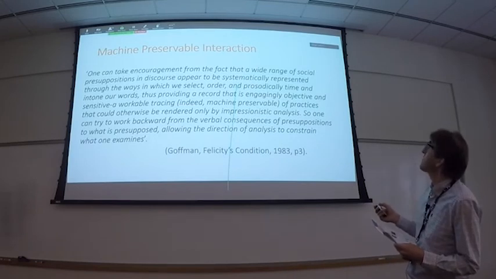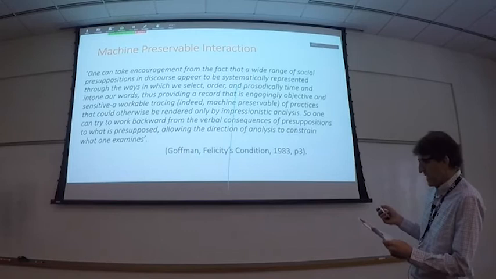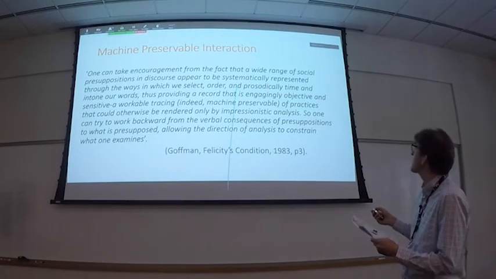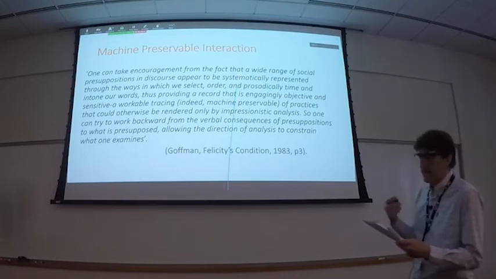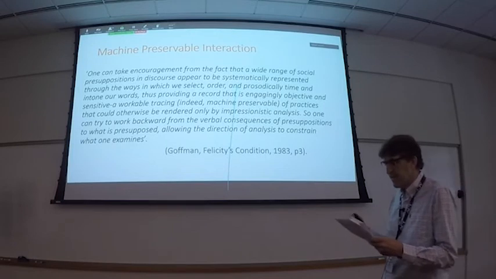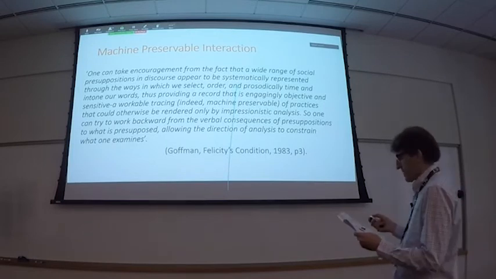Okay, so there are a few key phrases here from Goffman's work I want to tease out. One is the idea that the data is systematically represented, a systematic, coherent set of data.